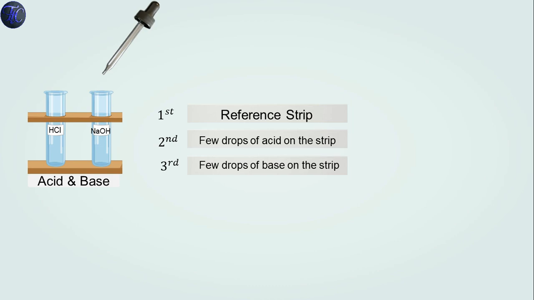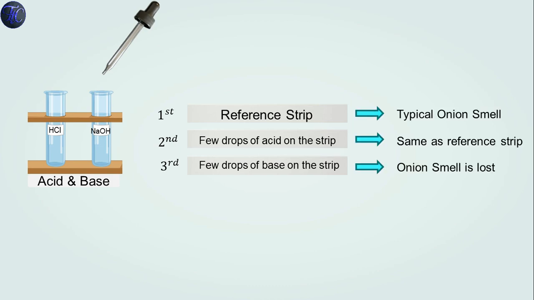Now let's see what happens after adding an acid and a base on the strips of cloth. We will observe that the first strip, which we had taken as a reference, has a typical onion smell. The second cloth strip, on which we added a few drops of acid, also has the typical onion smell, as we observed from the reference strip.